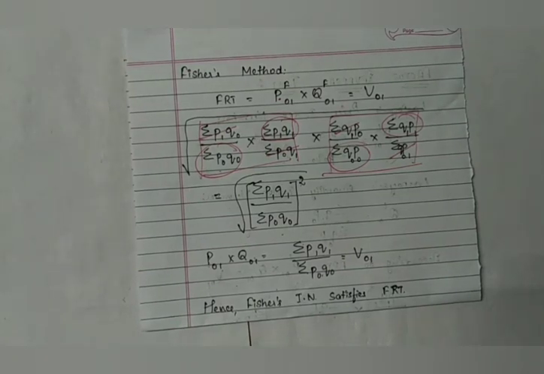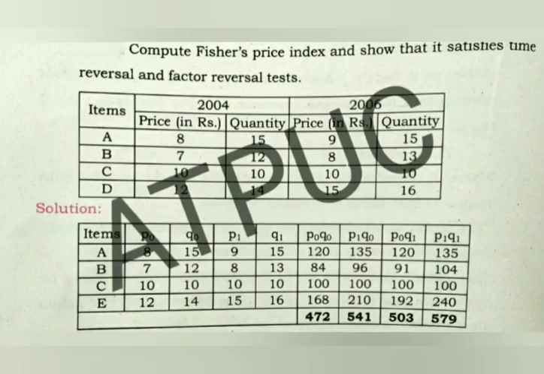Now let us solve a problem on this. Compute Fisher's price index and show that it satisfies time reversal and factor reversal test. In this one problem itself, we are asked to prove that Fisher's price index satisfies both TRT and FRT. Since you all are familiar with the calculation of P0Q0, P1Q0, P0Q1 and P1Q1 as per the requirement of the formula, I did not show it in this particular video.